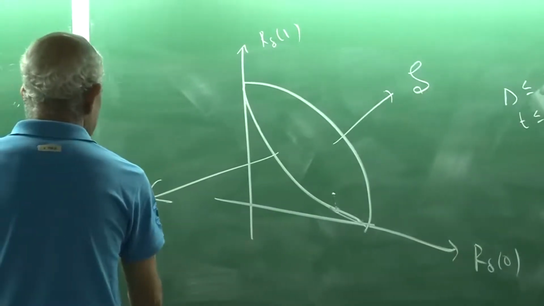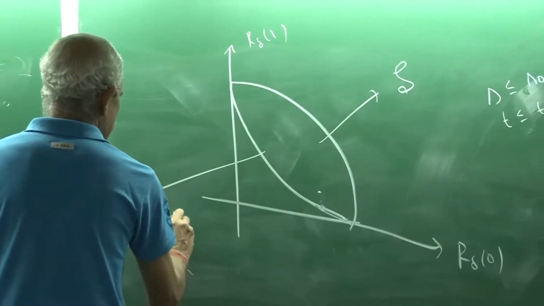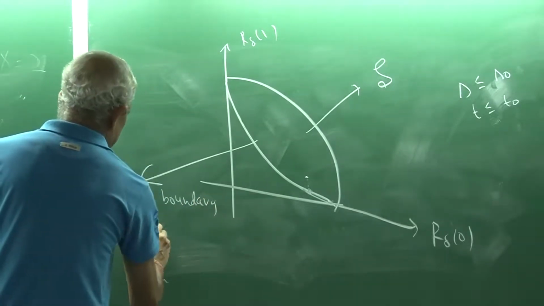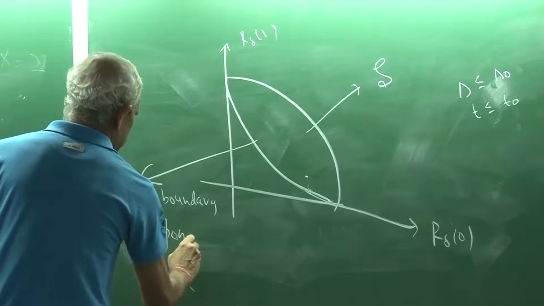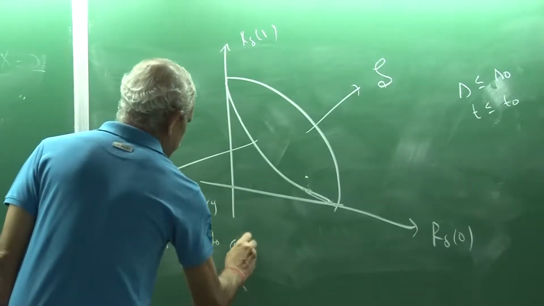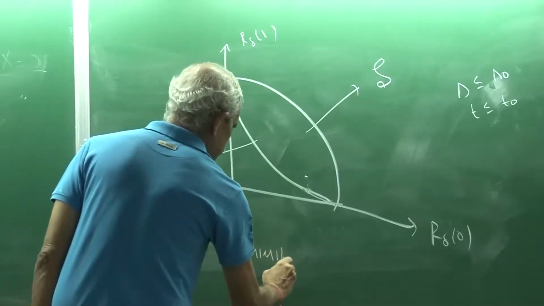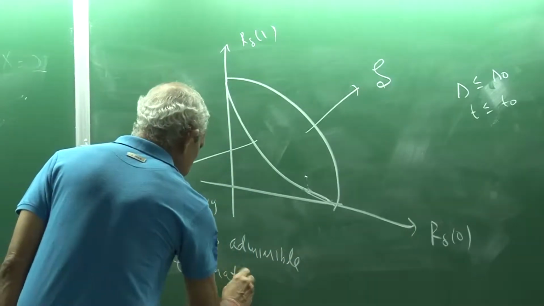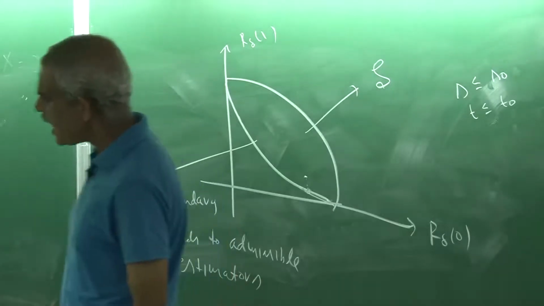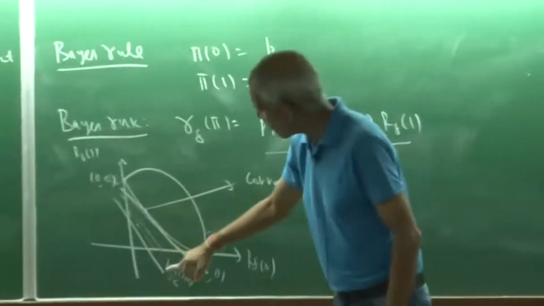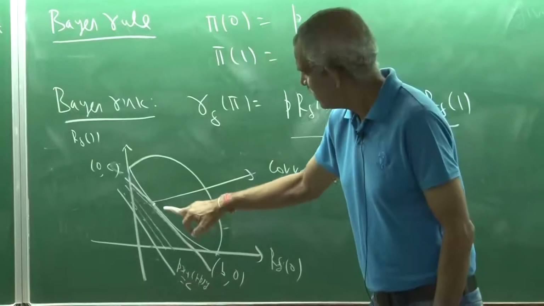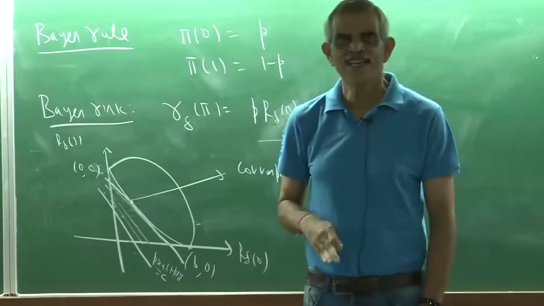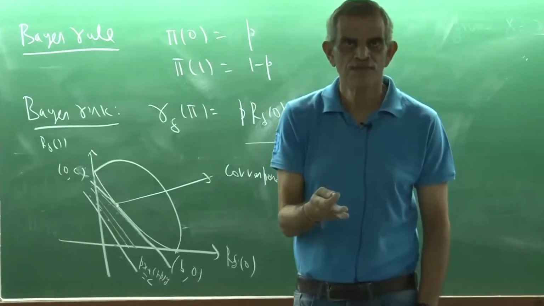So the lower boundary corresponds to admissible estimators. Now note that in this case, depending on the slope of this line, any point on the lower boundary can be touched by lines of some slope.